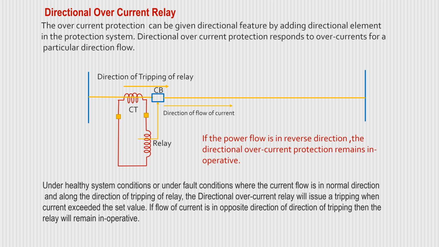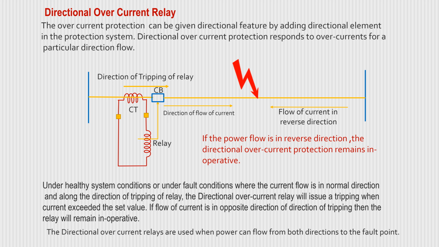If the flow of current is in the opposite direction of tripping, then the relay will remain inoperative. The directional overcurrent relays are used when power can flow from both directions to the fault point.